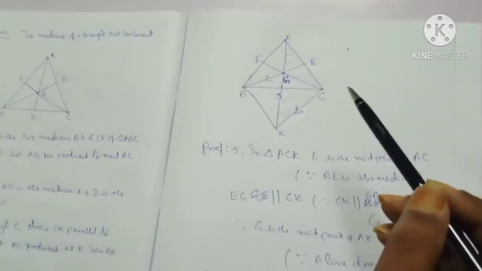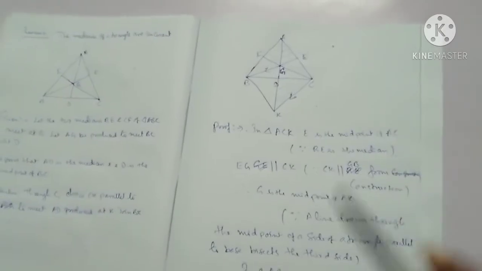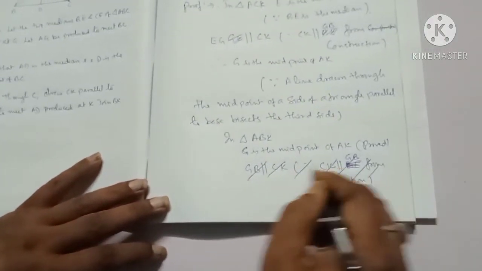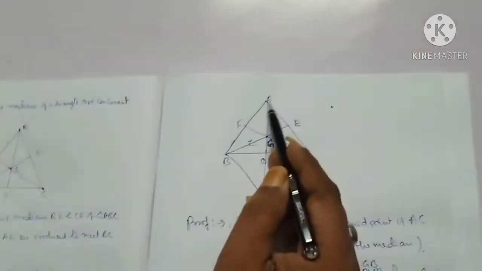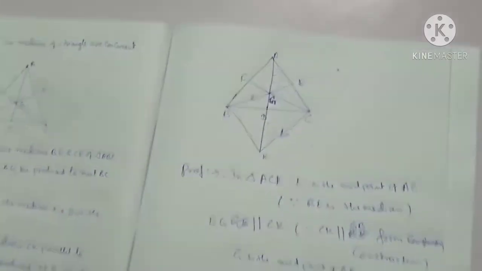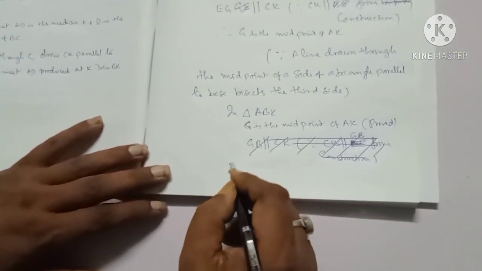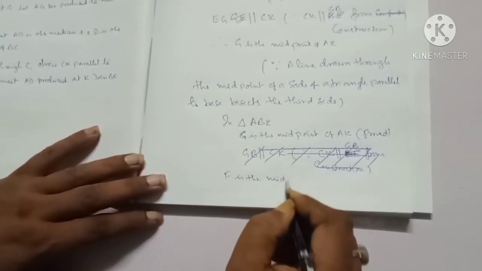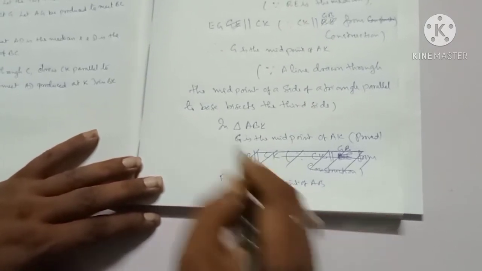One minute. There is a slight mistake I have made. Remove this. In triangle ABK, G is the midpoint of AK, which we have already proved, and F is the midpoint of AB.